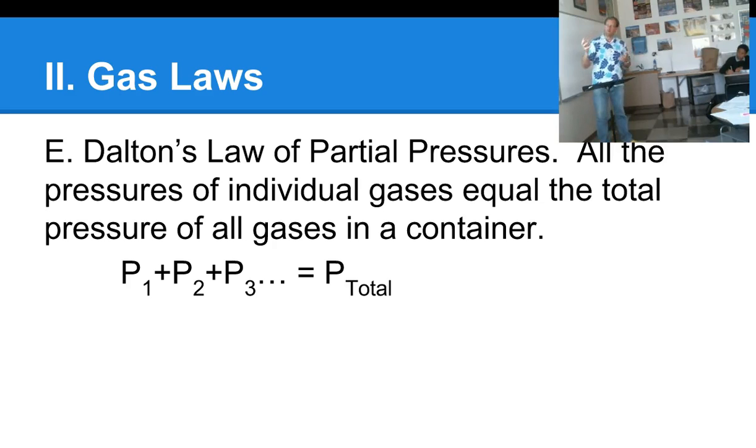That's the total air pressure in the room. Then if I calculate how much of the air pressure is provided by just the nitrogen, I would get some fraction of an atmosphere. Nitrogen is some partial pressure of the total air pressure in the room.